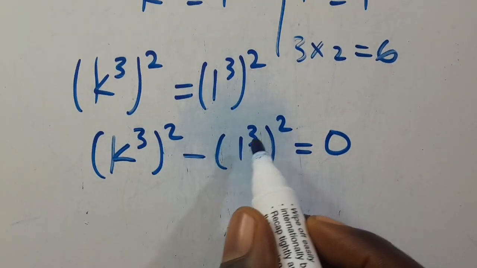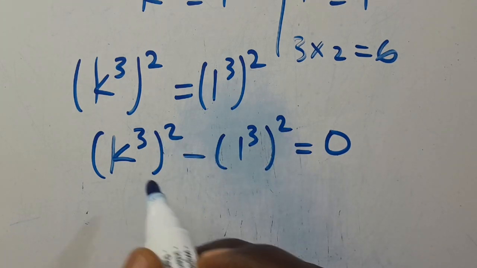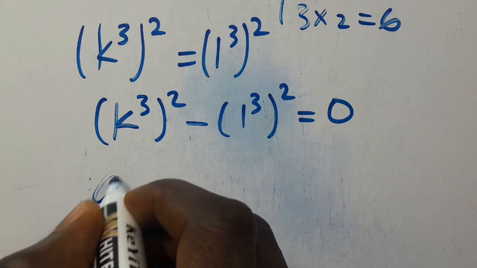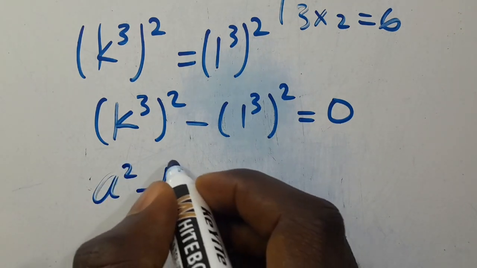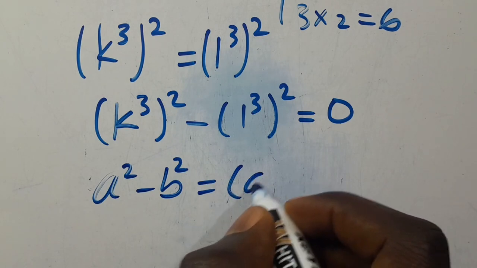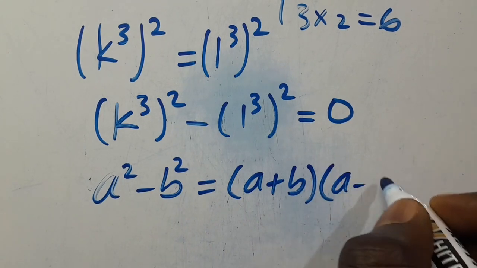Then we are looking at this expression. This one has power 2, this one has power 2. It's a difference of two squares, which says that when you have a to the power of 2 minus b to the power of 2, it equals, open the parenthesis, a plus b, multiplied by a minus b.